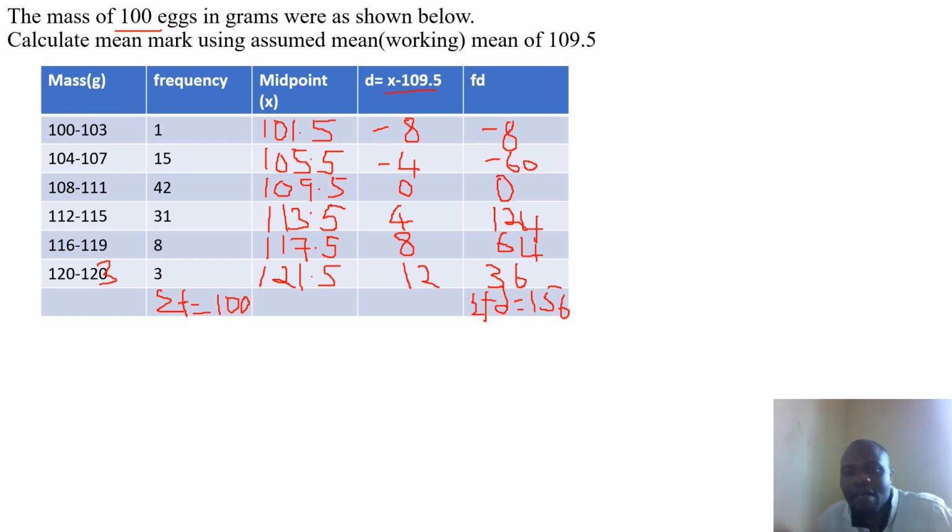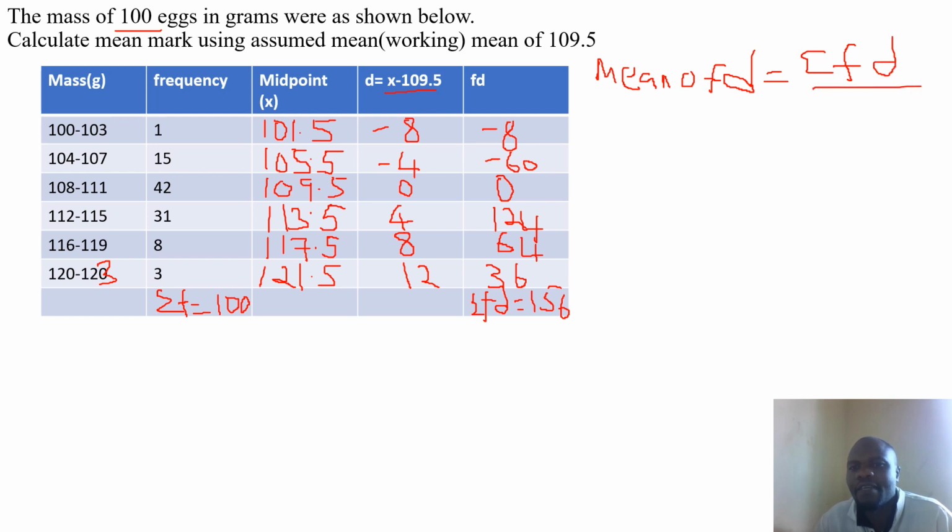And now I know my mean. The mean of D is equivalent to the summation of fd divided by the summation of f.